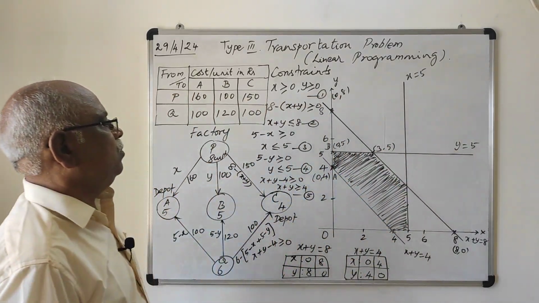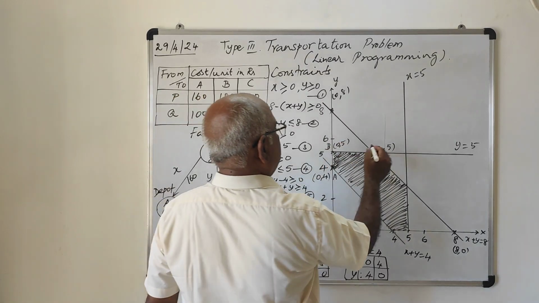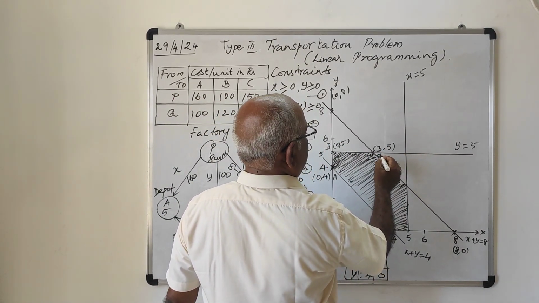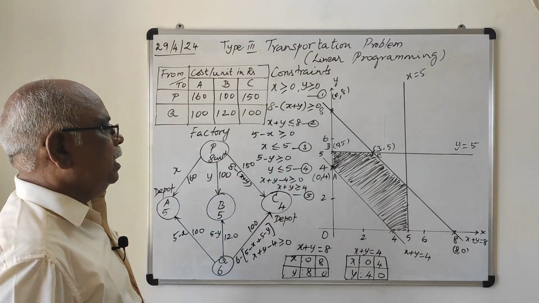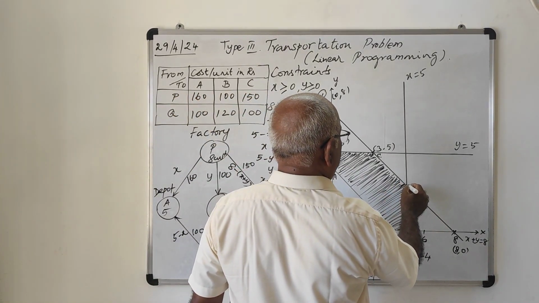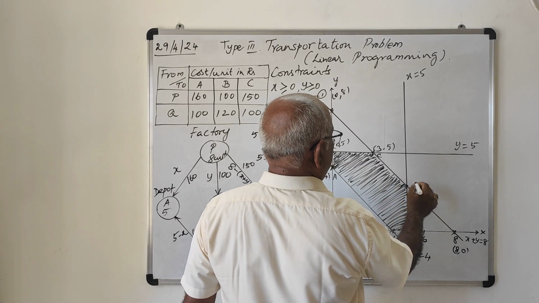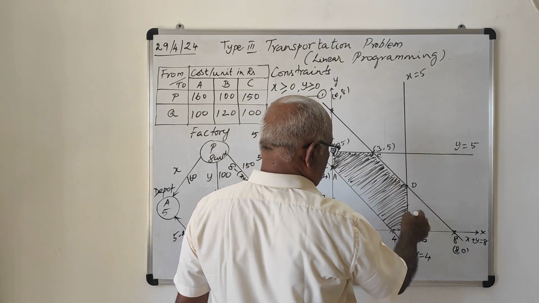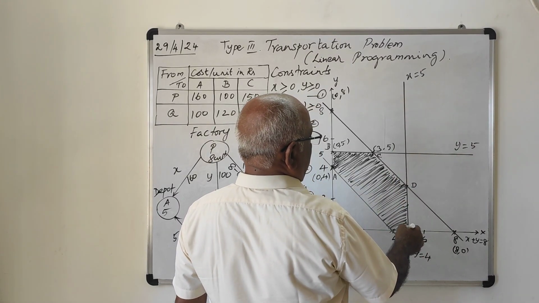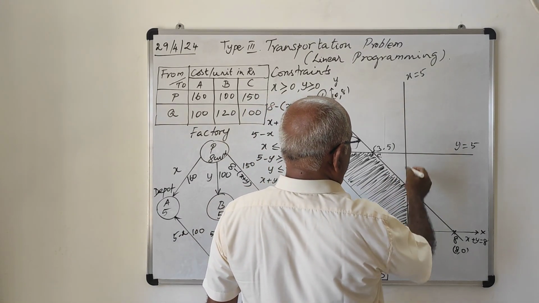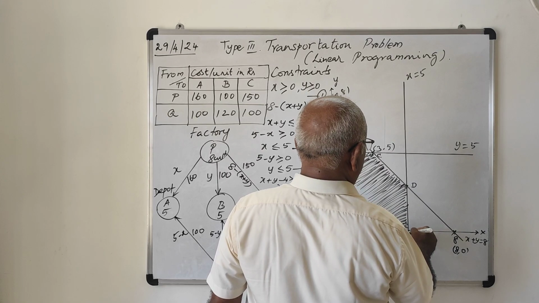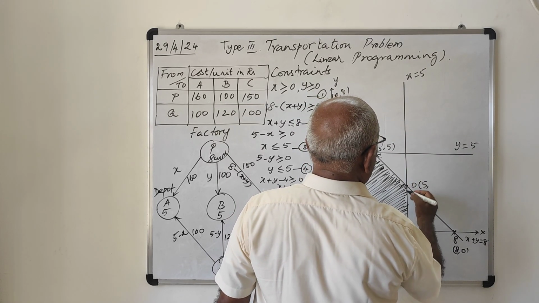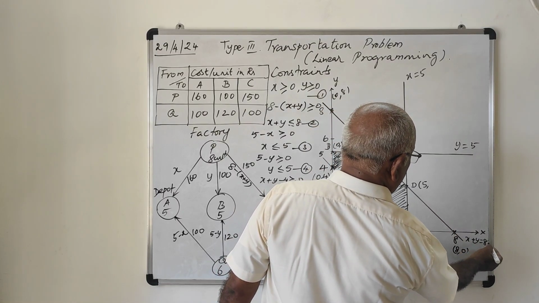So 3, 5 is another corner point, C. A, B, C. See, this is the corner point C. And this point, again in the bounded region, is the corner point D. This is also the line joining x equal to 5 and x plus y equal to 8.